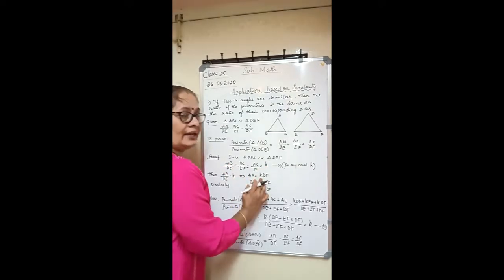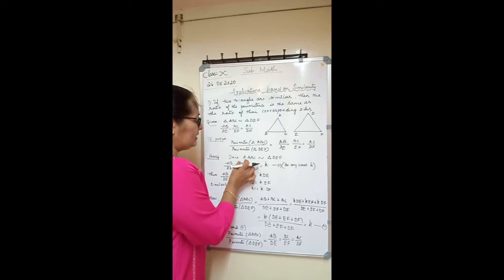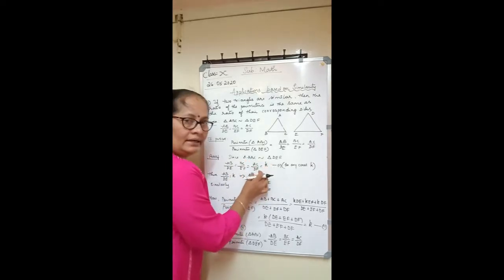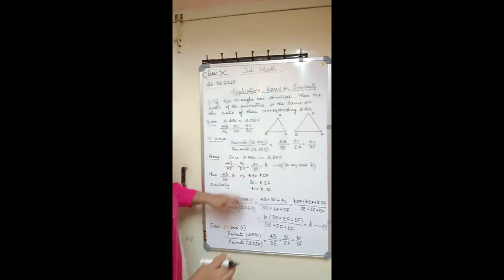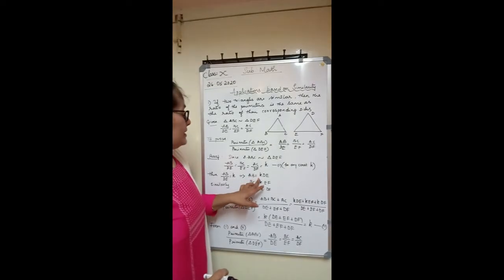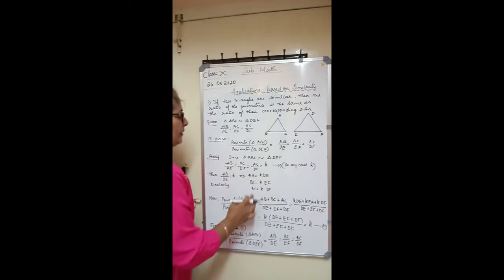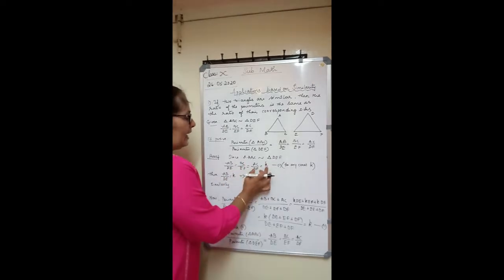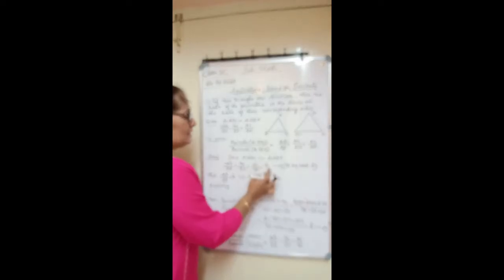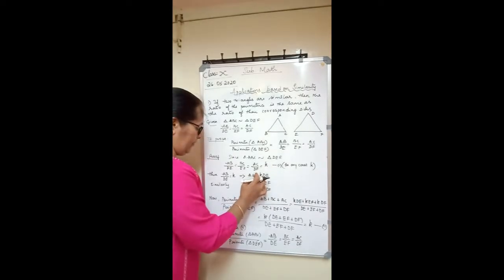AB equals K into DE and BC equals K into EF and AC equals K into DF.